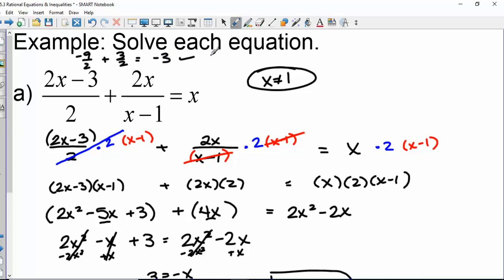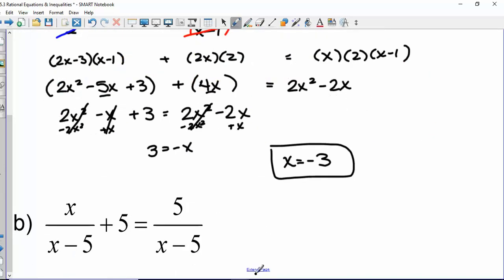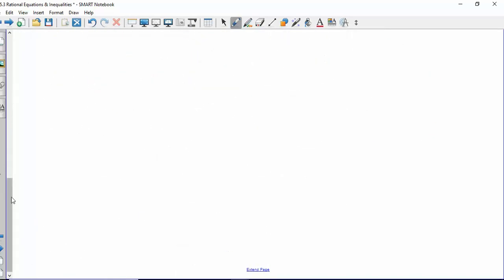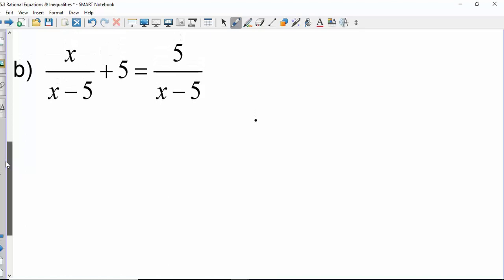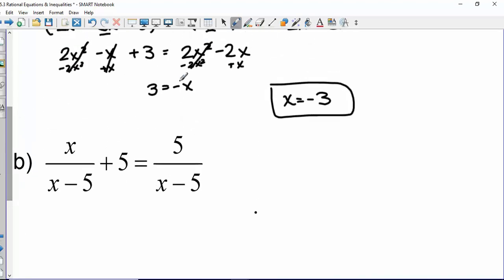And that gives us negative 3, so it does work. So you can always check these at the end. Is that okay with everybody? Let's do another one. How'd you get the negative 3? I just divided by negative 1.